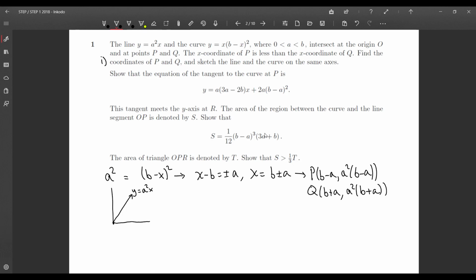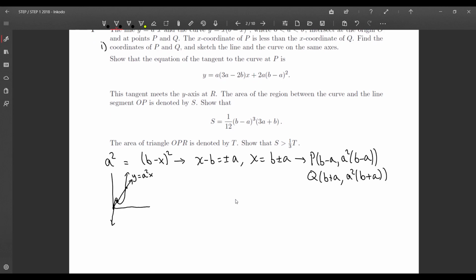Of course, since b is greater than a, b minus a is going to be positive. So P and Q are going to be sort of right here. I'm imagining something like this, I guess. I'm not really sure, because it goes up and down and up. Something like that.